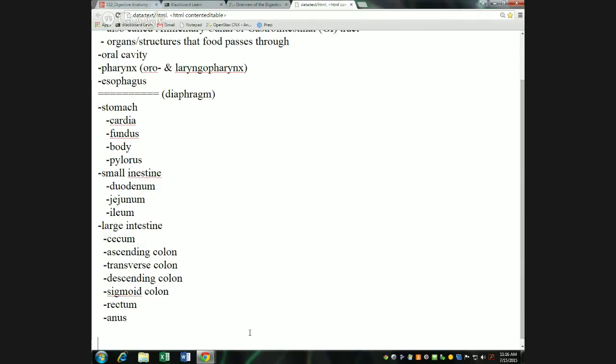The other set of organs we call accessory digestive organs, which help with the function of the digestive tract.